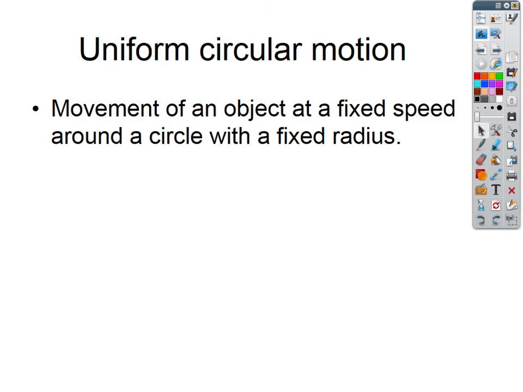And in all of the situations we're going to look at, we're going to be looking at what's called uniform circular motion, sometimes abbreviated UCM. Very clever abbreviation. And all that means is we're trying to do a scenario where you are moving that object in a circle at a fixed speed and a fixed radius.